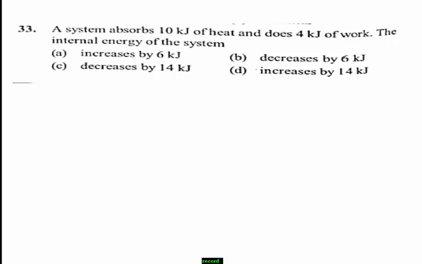Students, here they given heat. Here I take Q equal to plus 10 kilojoule, right? And work done is 4 kilojoule. I take minus 4 because here work is done by the system.